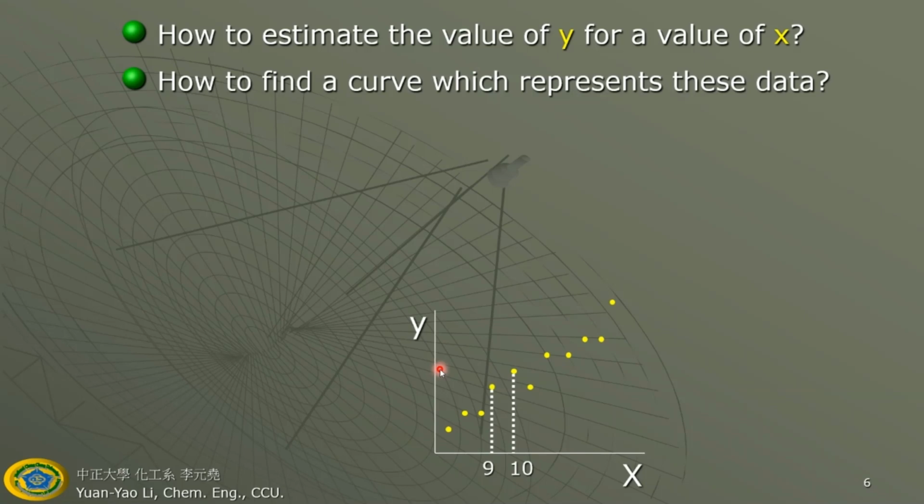However, if I ask you, please tell me the value of y if x reaches 9.5, which point would you tell me? You might say, well, it must be between these two. It must be somewhere around here.